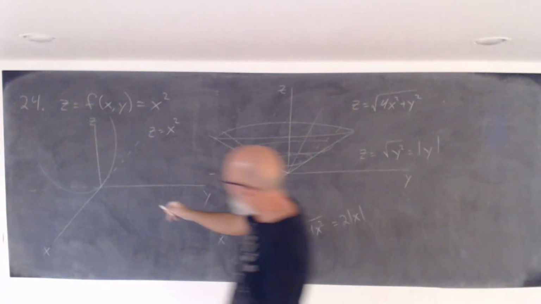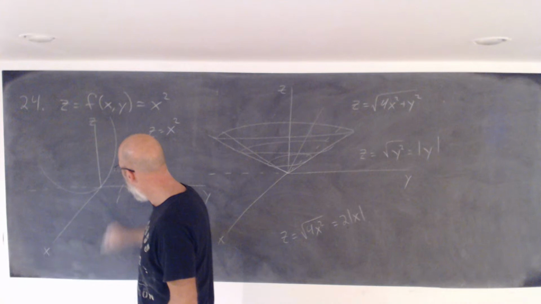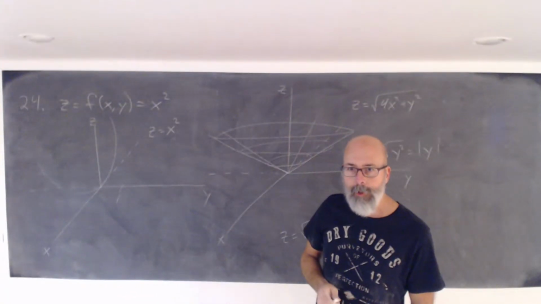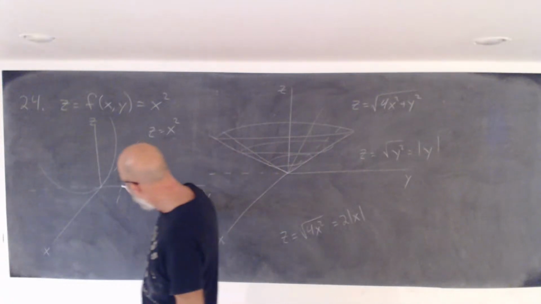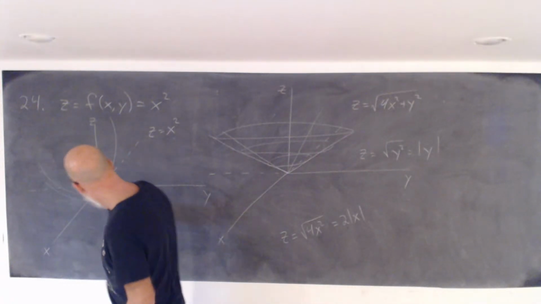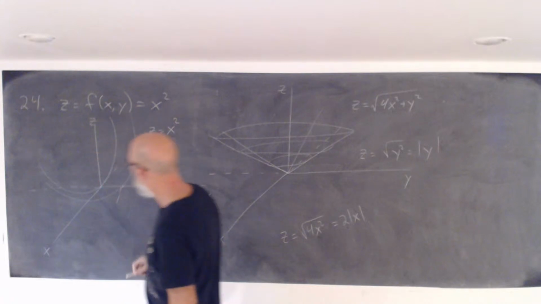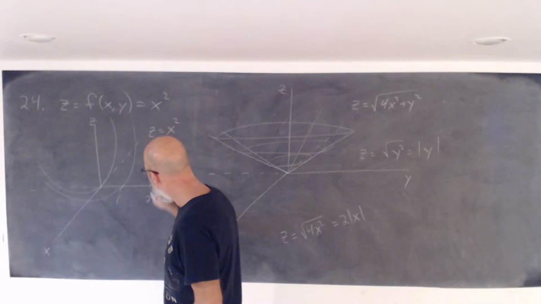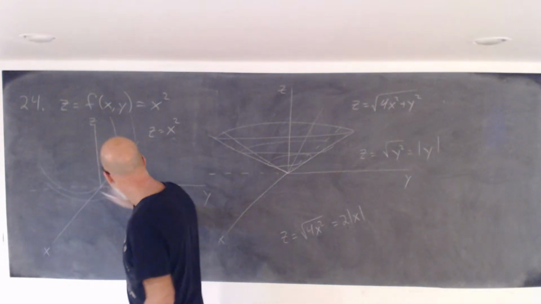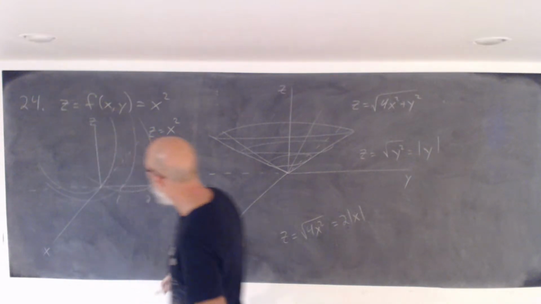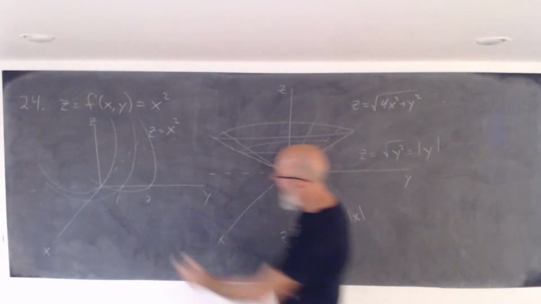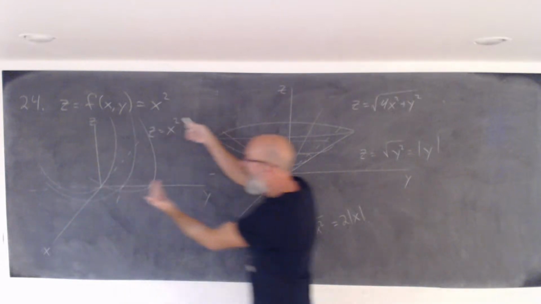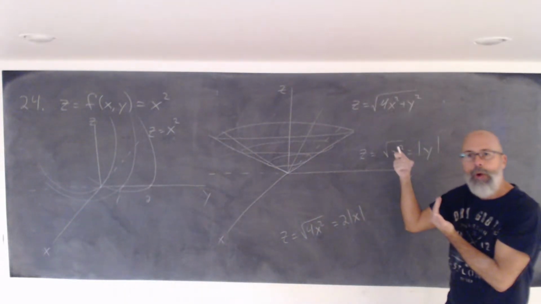But when y is 1, it's still the same parabola. And when y is 2, it's still the same parabola. And so on and so on. Imagine taking this parabola, the original parabola, and dragging it in the direction of y.